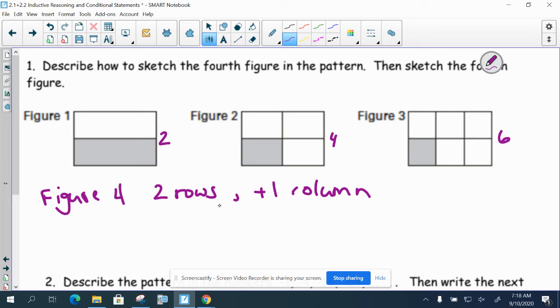So in figure 4, we're going to have 4 columns. So I'll try to make the same rectangle with 2 rows, 4 columns, and then the bottom left box will be shaded.